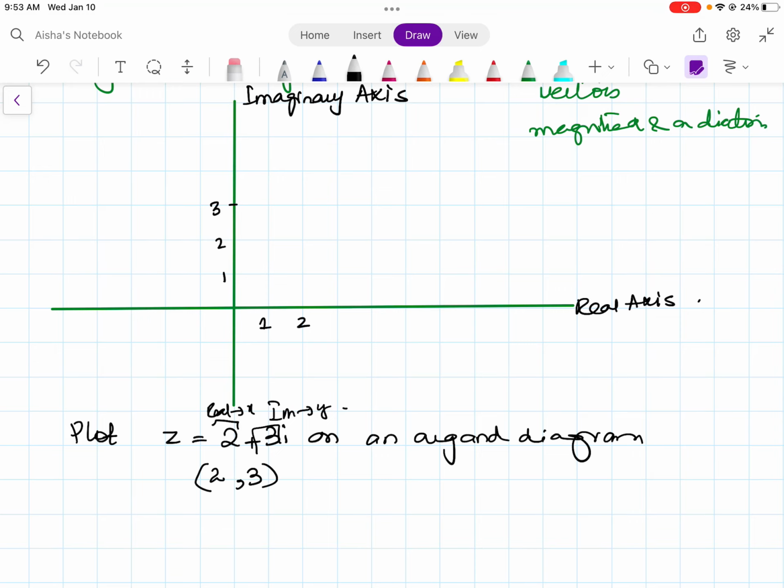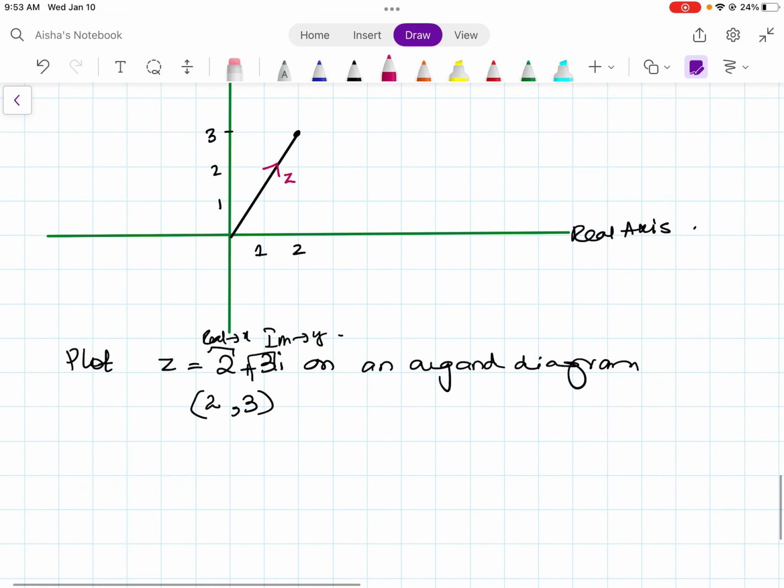So this is 2, 3, and this is my z complex number. Now if I want to plot a complex number w, which is 5 minus iota, so 5 on the real, 3, 4, 5, and minus 1 is here. So this is going to be my w.